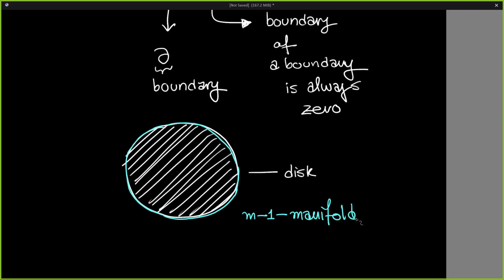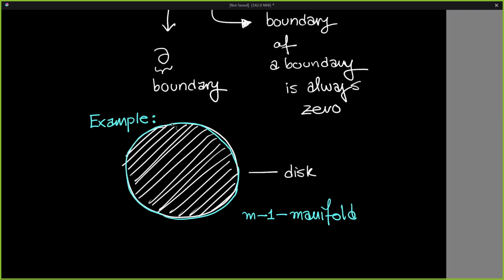But notice that the boundary of a disk is a circle, and the boundary of a circle doesn't exist. This is just an example. This is not a proof. But this should give you an idea of why we expect this to be true. You can keep doing this for various different geometric objects. You'll find that if an object is filled, its boundary is such a surface which itself never has a boundary.